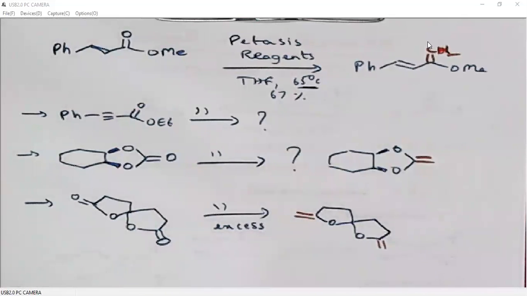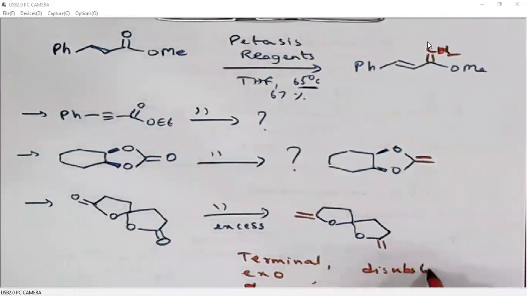Mostly Tebbe olefination is used to generate terminal, exo and disubstituted alkenes.